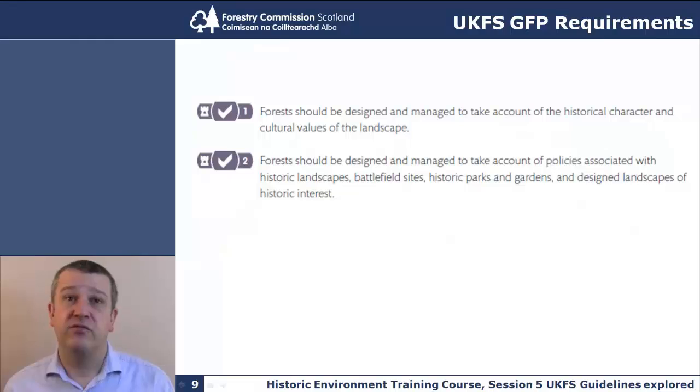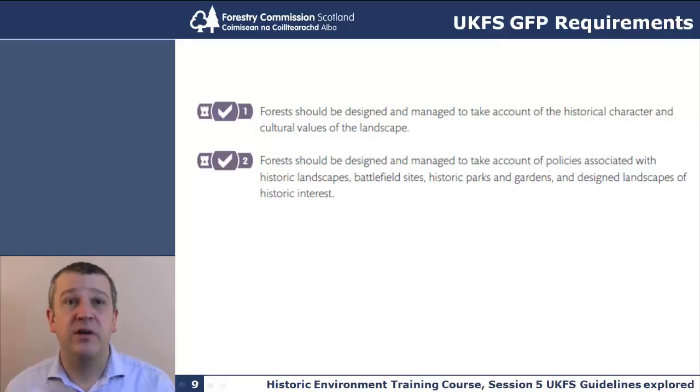The first of the 2 good forestry practice requirements, note the tick marks rather than the exclamations, establish our objectives when looking at the integration of forestry with historic landscapes. Note that the first requirement specifies the need for forestry to take account of our landscape issues both when designed, so planned in a compatible way, and managed, highlighting that this is not a design and forget scenario.